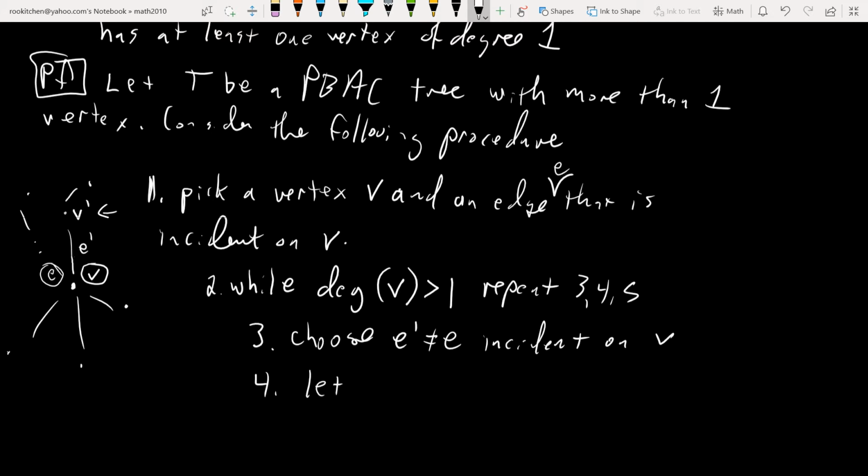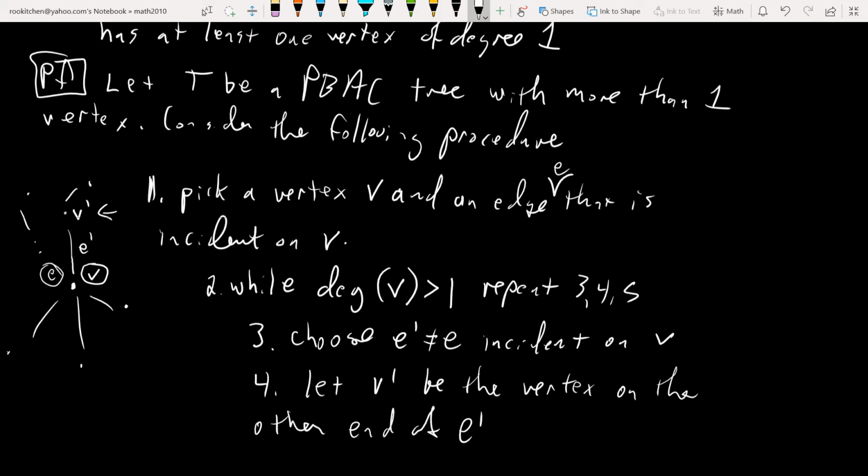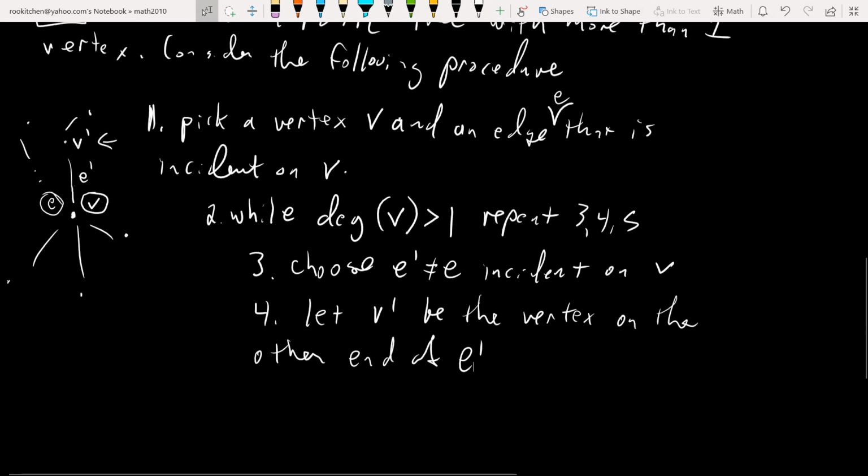So let V prime be the vertex on the other end of E prime. And then in the last step, all we're going to do is rename.